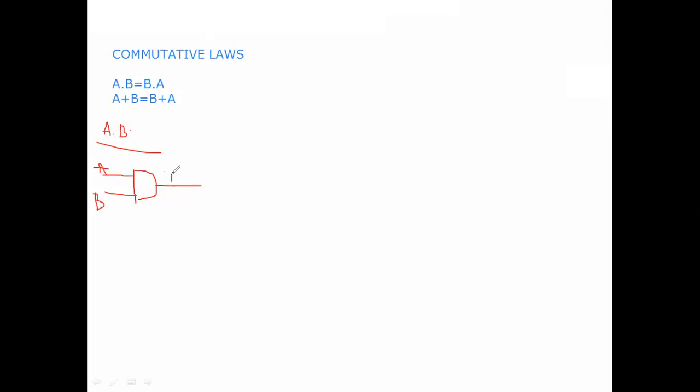The first input is A and the second input is B. What is the truth table? A, B, A dot B.